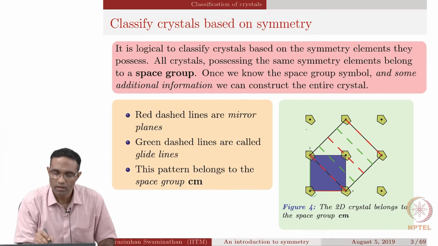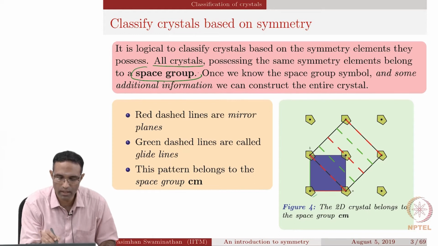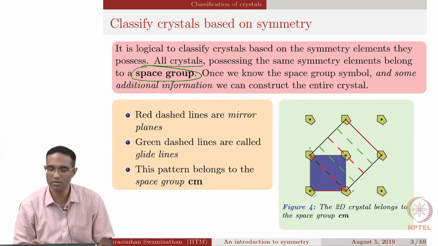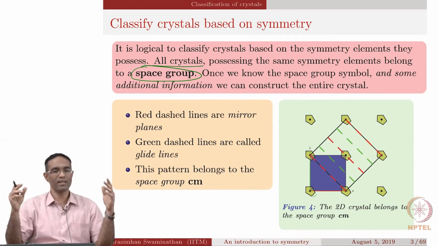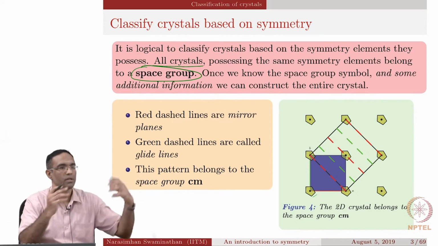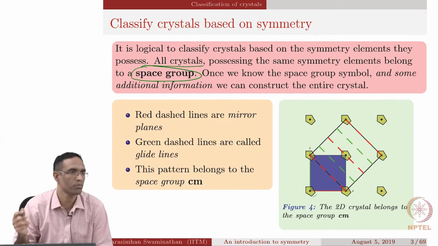Now you all might have heard of the word space group. We will define it in a little more detail in the coming classes. All crystals which possess the same set of symmetry elements are grouped into one specific space group.